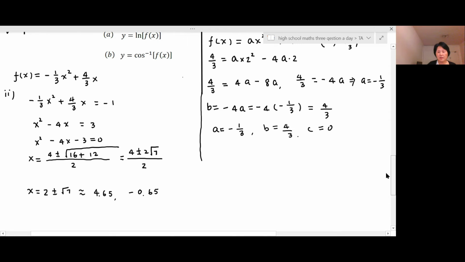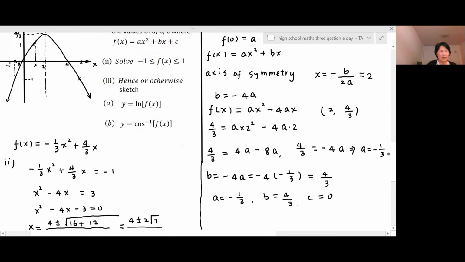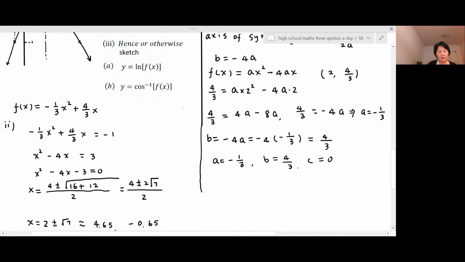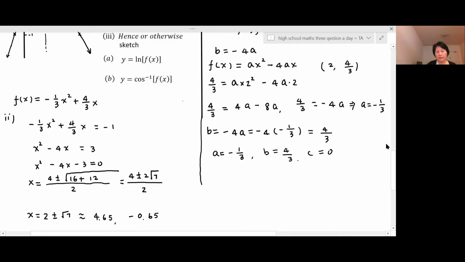Okay, so what does this mean here? So this point, the x value we already found. The x value is minus 0.65. So another minus 1, this value is 4.65.